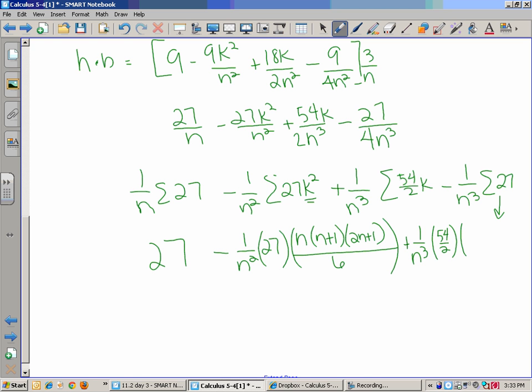And the formula for k is n times n plus 1 all over 2. And then the formula for the constant here is negative 1 over n cubed times 27n. Because that's just the constant.